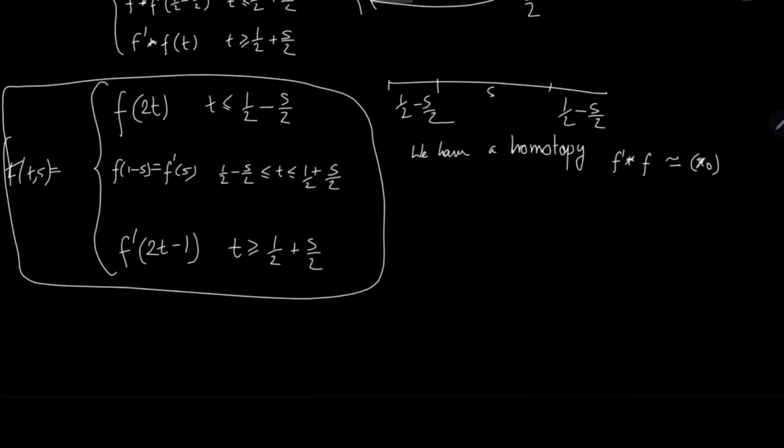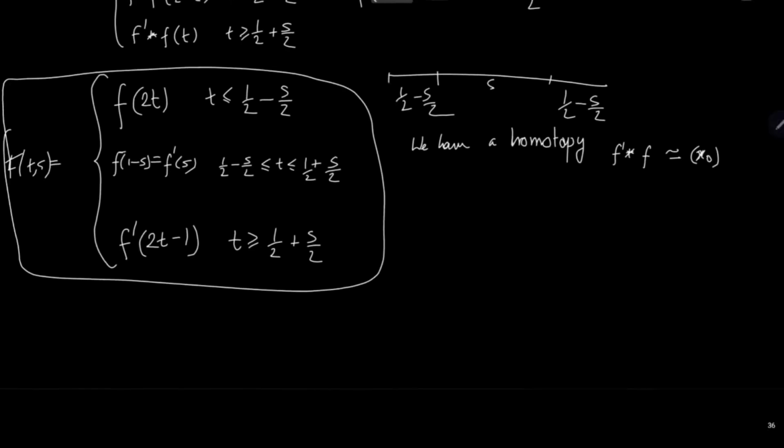And if s is equal to 1, then this is the entire time, for t equal to 0 to t equal to 1, and we see that we just stay here. This is just equal to x naught. Oh no, this is not equal to x naught actually, my bad. But this is just exactly one point. And what point would it be? It would be just f of 0 and f dash of 1, which is exactly x naught.